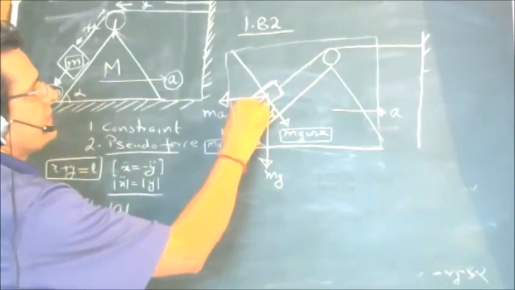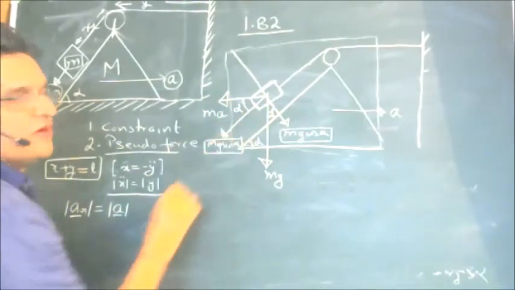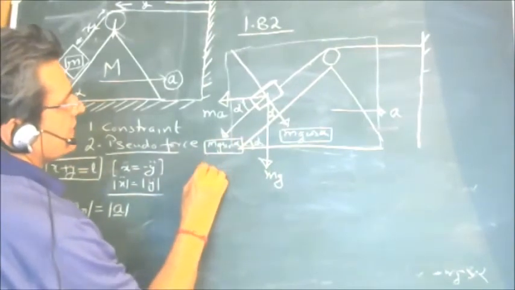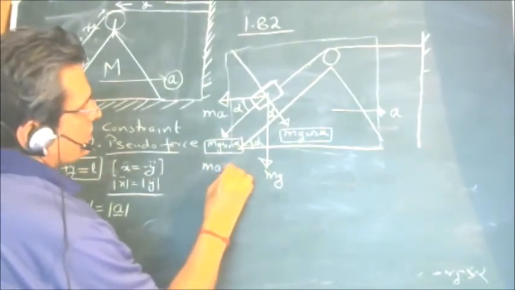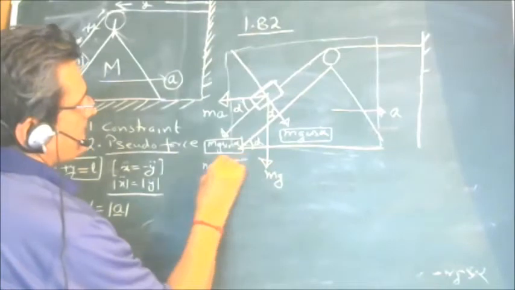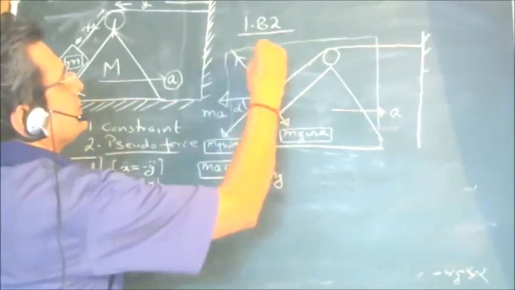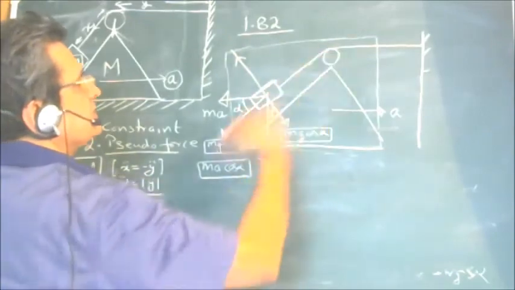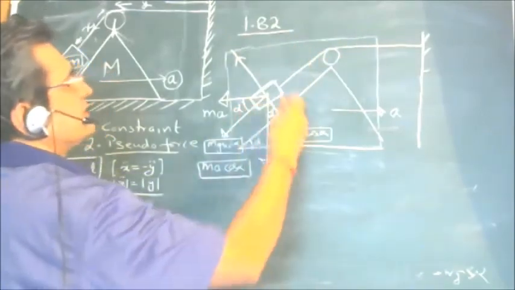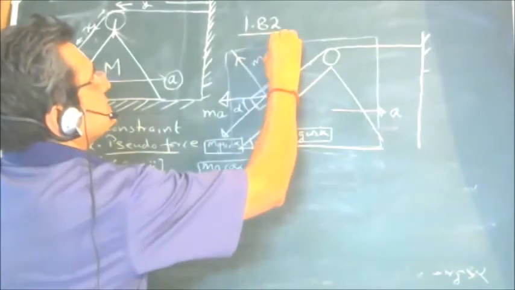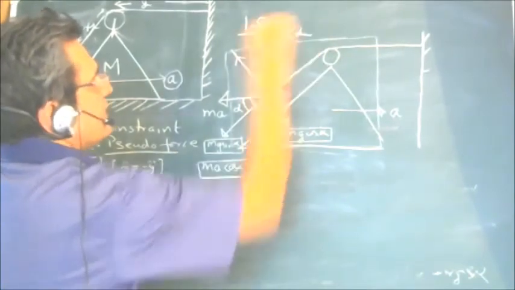This angle is alpha, so the component along the inclined plane is ma cos alpha, and the component perpendicular to the inclined plane is ma sin alpha.